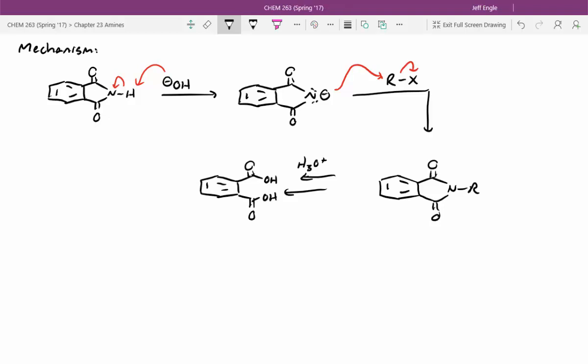So we get our dicarboxylic acid, and then we get our amine, which in this case is actually going to be your protonated amine. And why are we going to get our protonated amine out? Acid. Yeah, we've got it under acidic conditions. So the last step we would need to do would be to treat this with some sort of weak base.